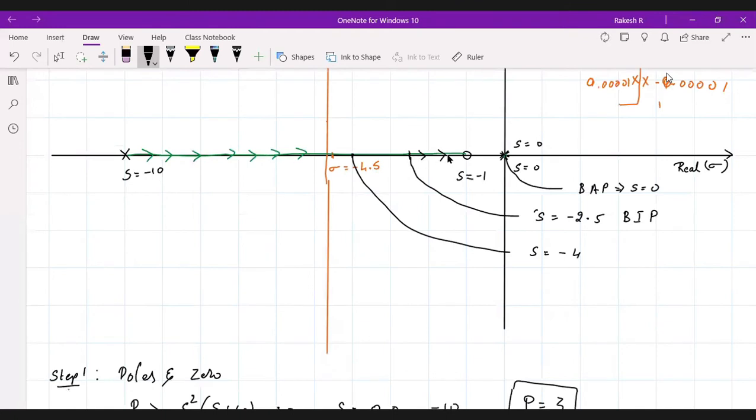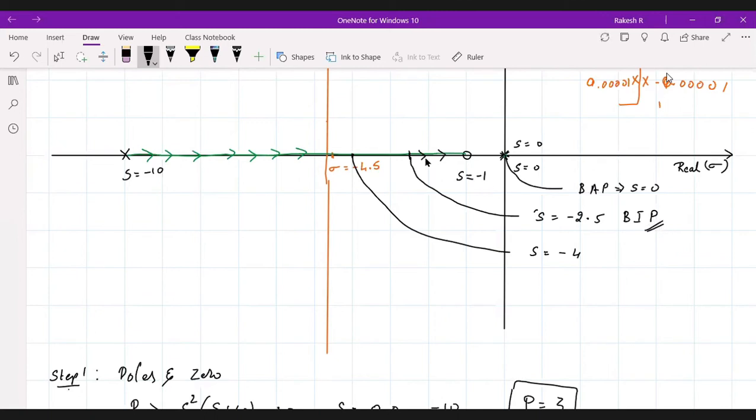Because towards right, we don't have any pole or breakaway or break-in point. Only we have 0. So when we have 0 towards that, if we find a breakaway or break-in point, that will be a valid break-in point.